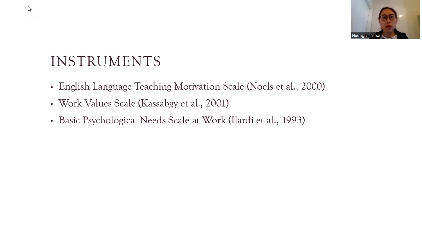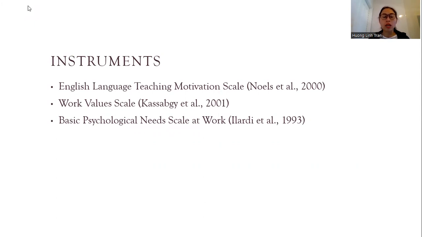However, the author of this study decided to modify the scale because it was developed based on self-determination theory. That's why the author decided to apply and then modify this scale, and rename it the English language teaching motivation scale, to measure the teacher's motivation for English language teaching at the higher education level in Vietnam.